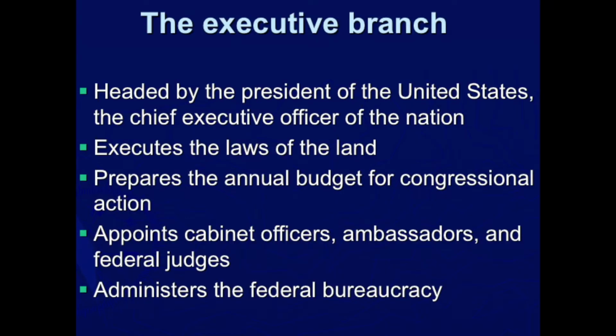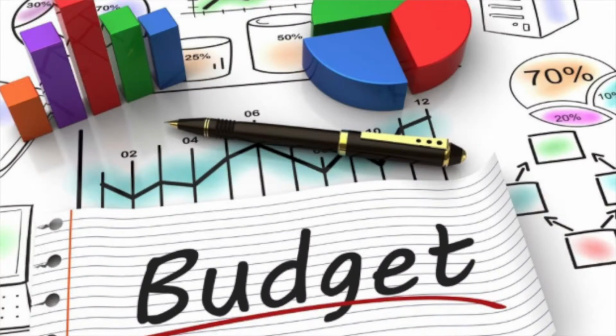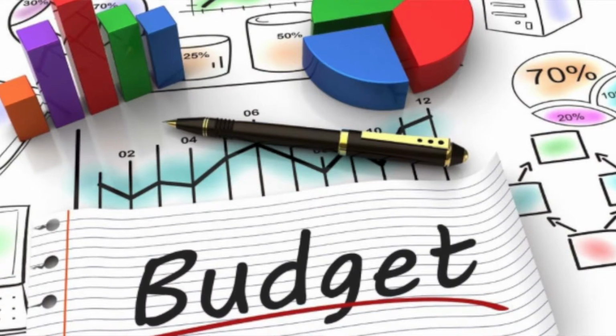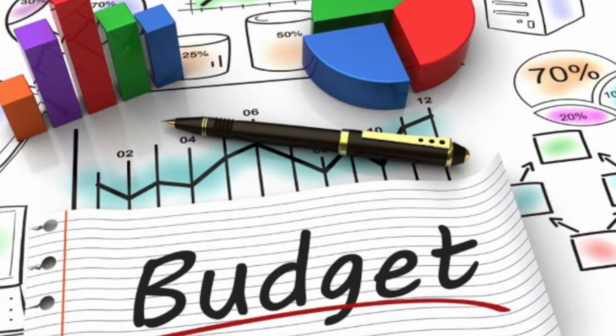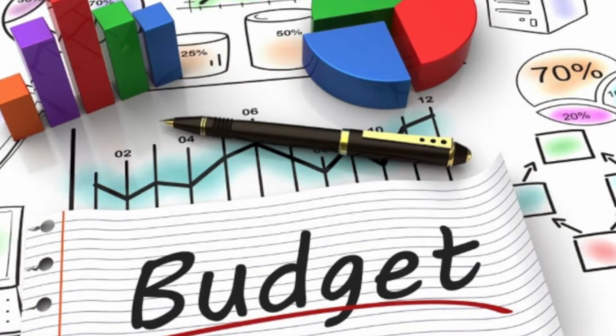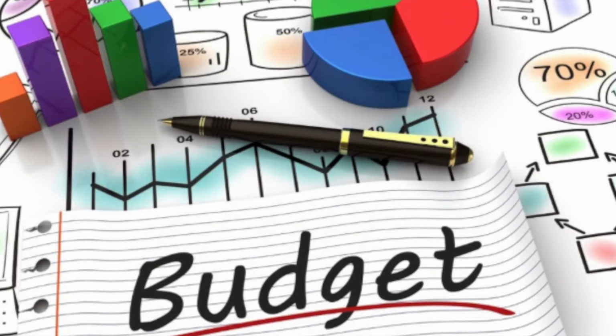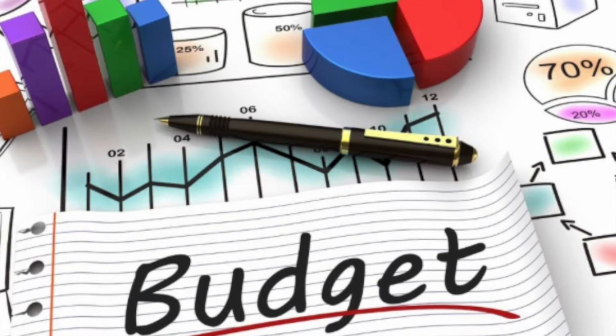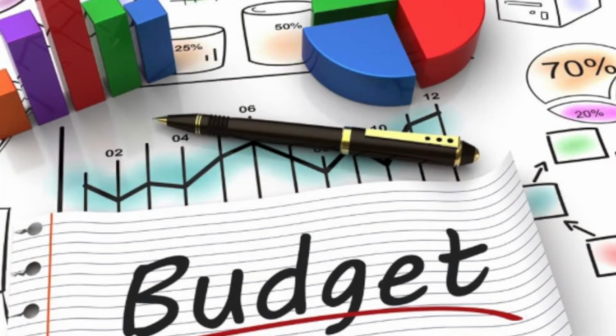The next power of the executive branch is to prepare the annual budget for congressional action. Pretty much what happens is the president sits back and evaluates from his cabinet all of the money that needs to be allotted or available to provide the goods and services that are explained from the cabinet members, which breaks down what needs to be done in the education system, what needs to be done in public health, what needs to be done in public safety.